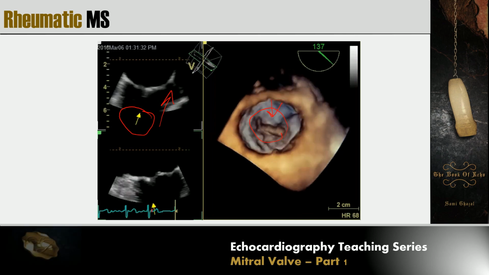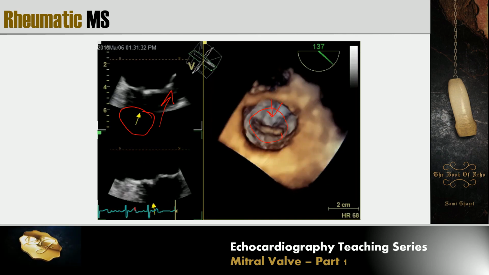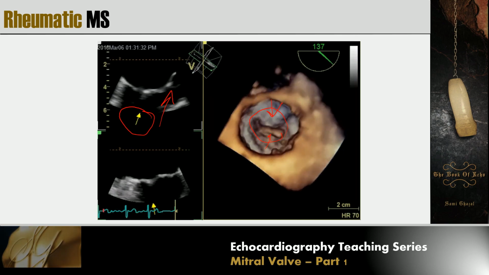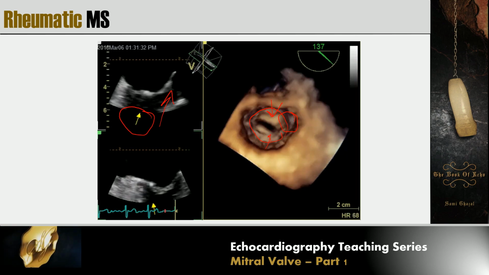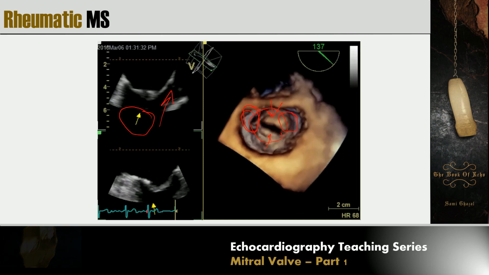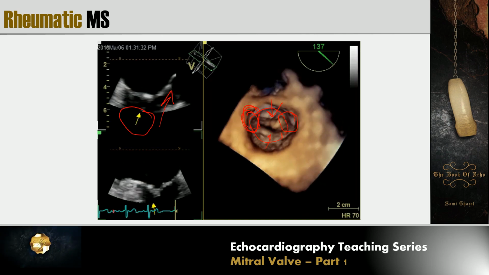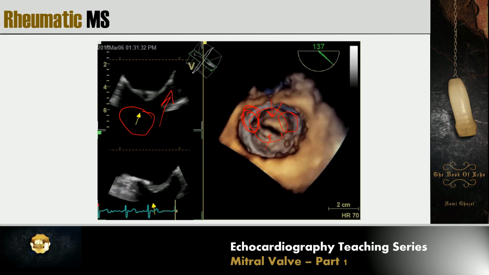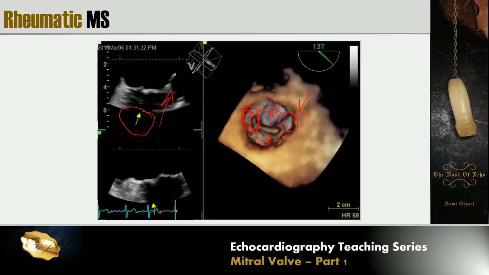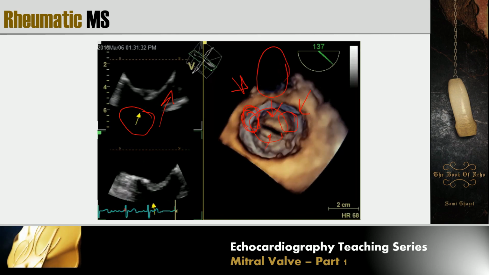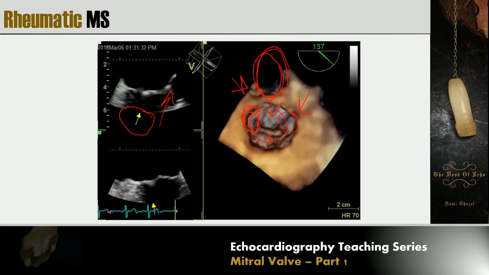The upper one is the anterior mitral leaflet, the lower one is the posterior mitral leaflet. Also there is commissural fusion here as well as commissural fusion also here. So because we're looking from the LV, the lateral side is here and the medial side is here, and always the aortic valve is at 12 o'clock.